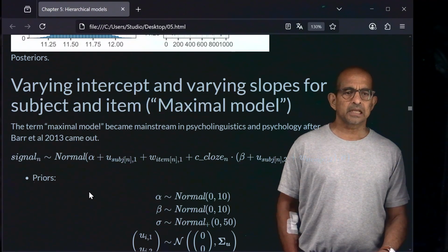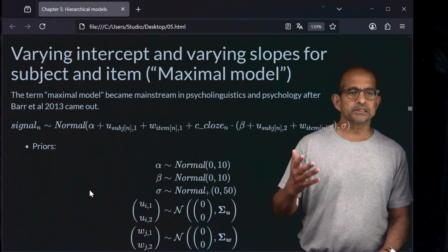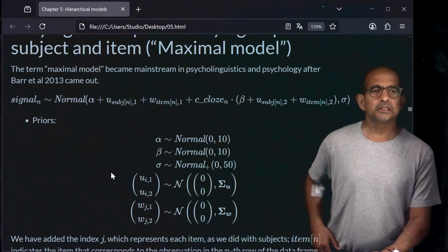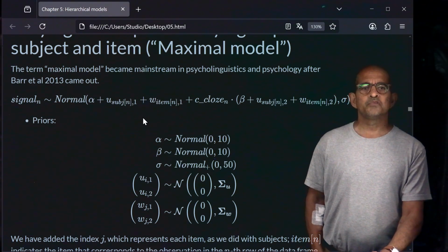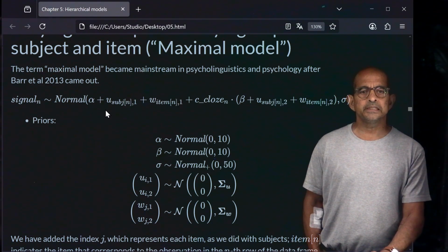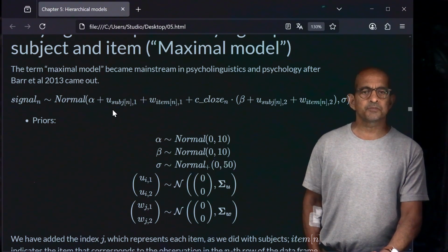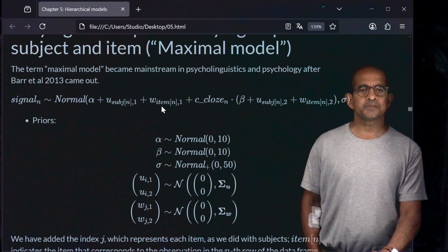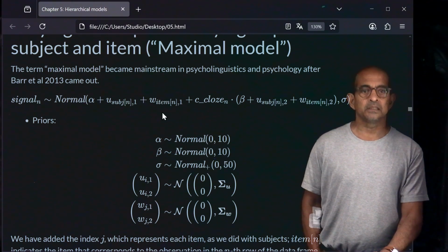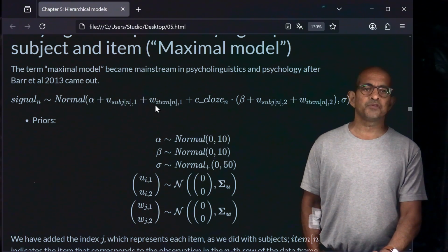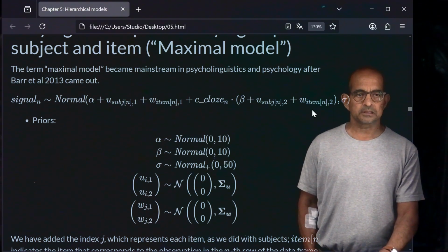Now the next model that I'm going to show you is going to elaborate on this idea even further. What it does is that we are going to have not only adjustments to the intercept by subjects, but also adjustments to the grand mean intercept alpha by items as well. So all that's happening is that we've added one more term for the intercept adjustments by items and one more term in the slope for the items adjustments as well.